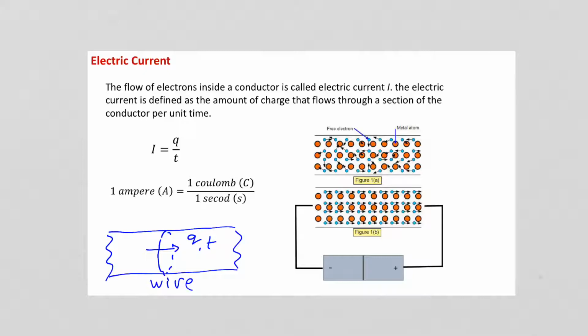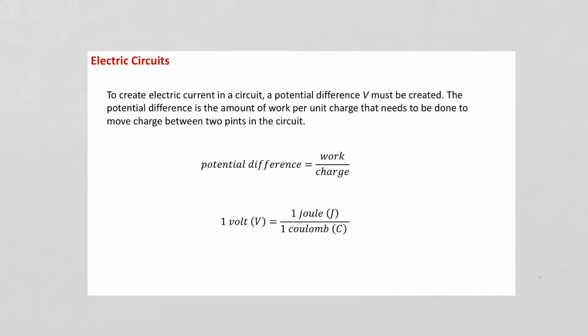So the electric current is defined as the amount of charge that flows through a section of the conductor per unit time. The current I is equal to the amount of charge divided by the time it took to flow through that cross-section. The units for current are amperes, and 1 ampere is equal to a charge of 1 coulomb flowing through a section of the circuit or the conductor in 1 second.